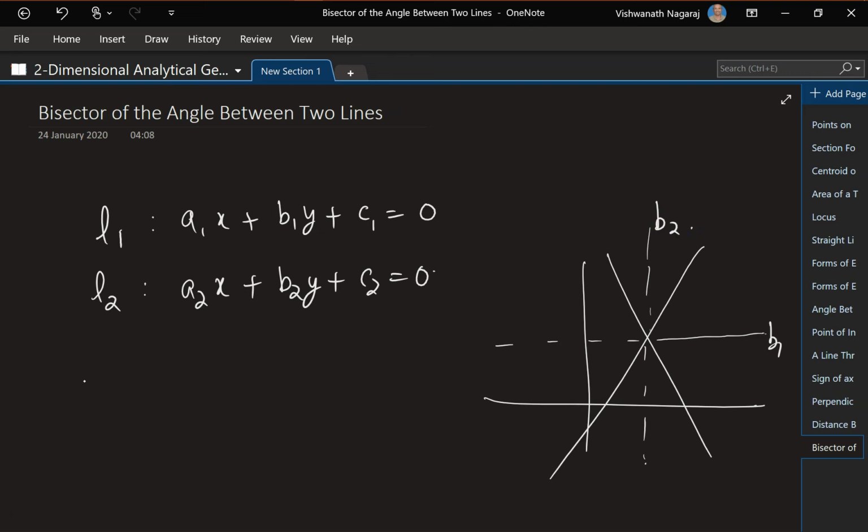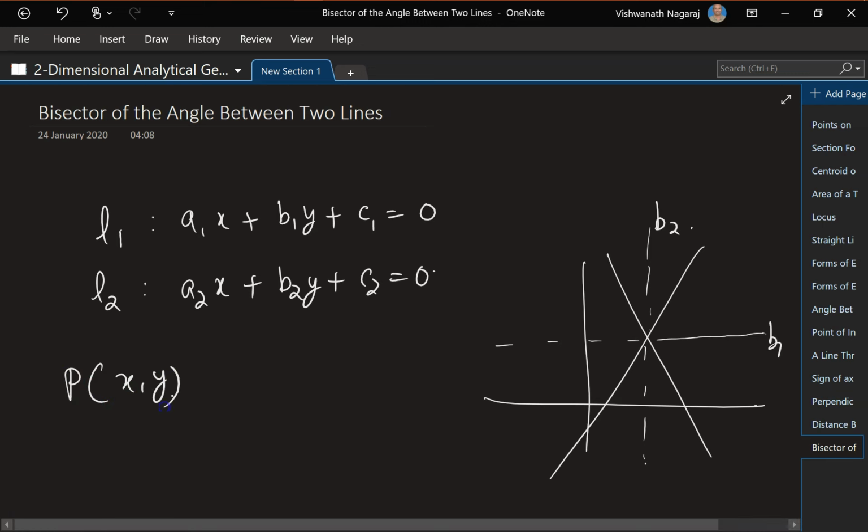Now, how do we figure out the equation? Let's take a point, either on B1 or B2, say a point x comma y on the bisectors.